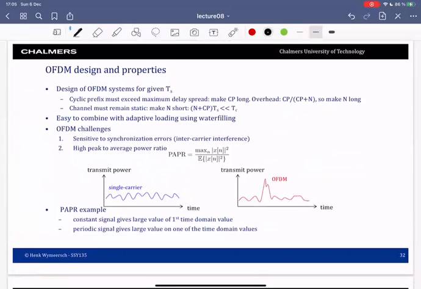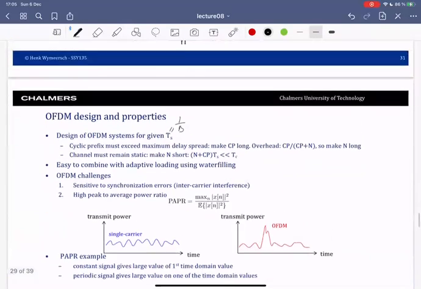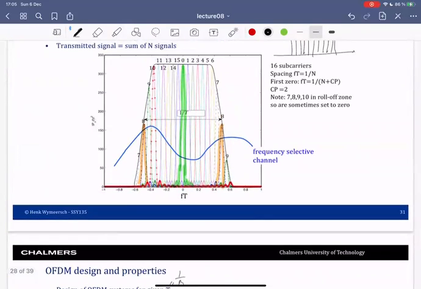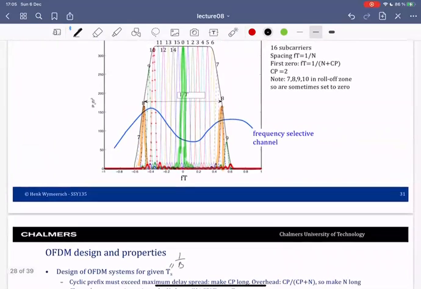So some additional properties. We've seen already how to design an OFDM system for a given symbol duration. So this here is 1 over the bandwidth. Maybe I go back a little bit. Yeah, so this whole thing here would be then the total bandwidth, which is B, which is 1 over TS.